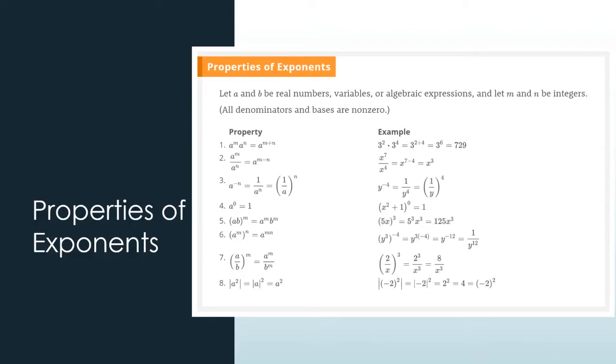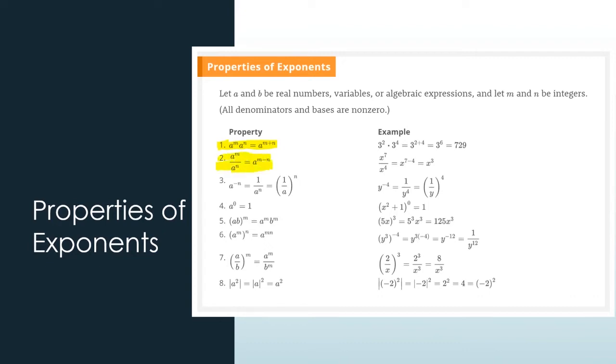So there are several properties of exponents, and I'm going to demonstrate how to use all of these. I recommend having these handy, printed out somewhere, just so that you have access to them. The most common ones I'm going to highlight here. So property 1, where if you're multiplying things with exponents, the exponents add.